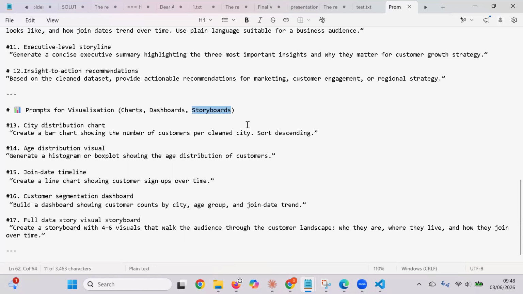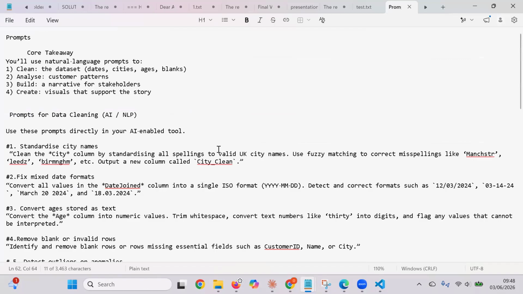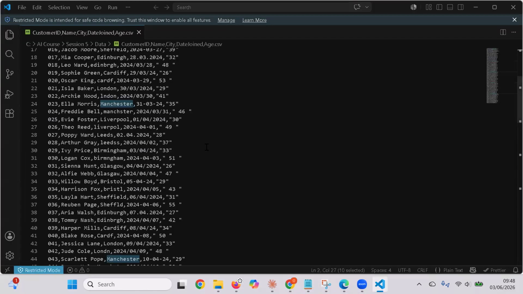By the end of the section, I will be sharing this very prompt file, and in session 5 I'll also be sharing this very data. I advise us to build along with all I've done.